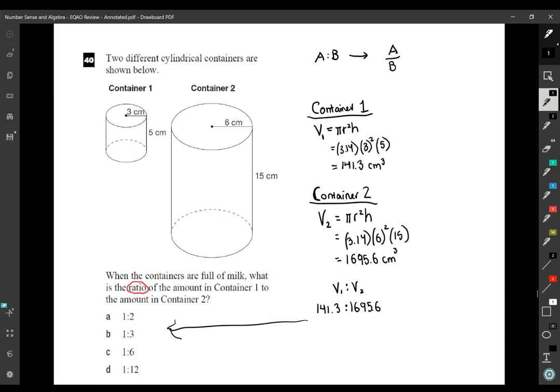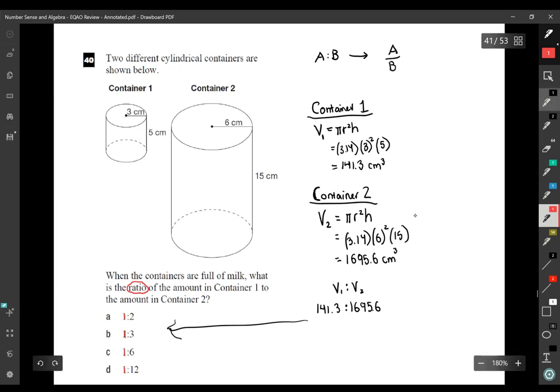If you look at all of these ratios, the first number in each one of them is 1. So that's what I'm going to do. I'm going to get my V1 to turn into a 1.